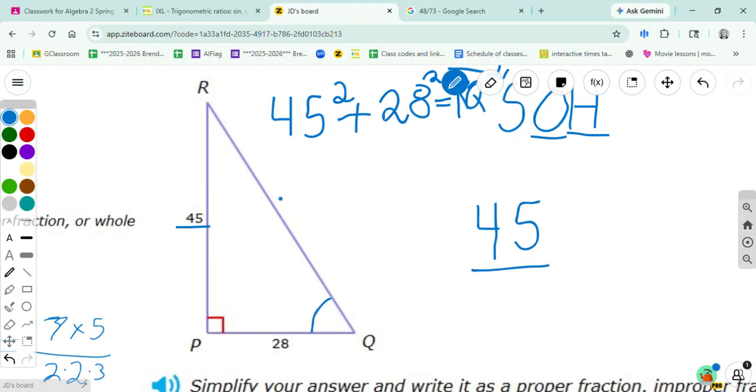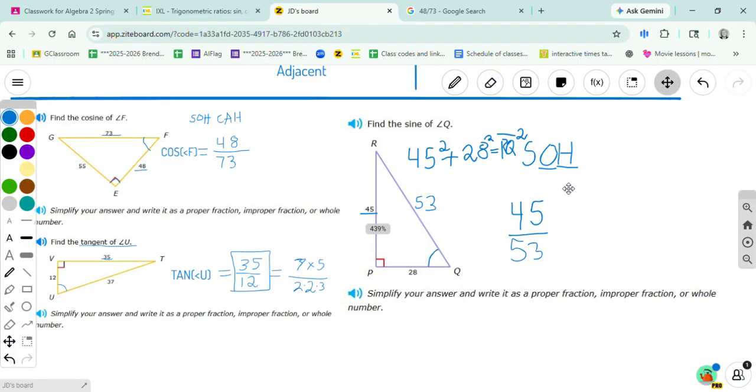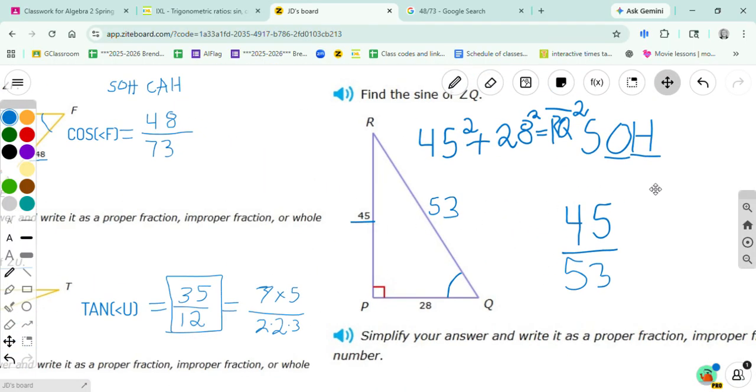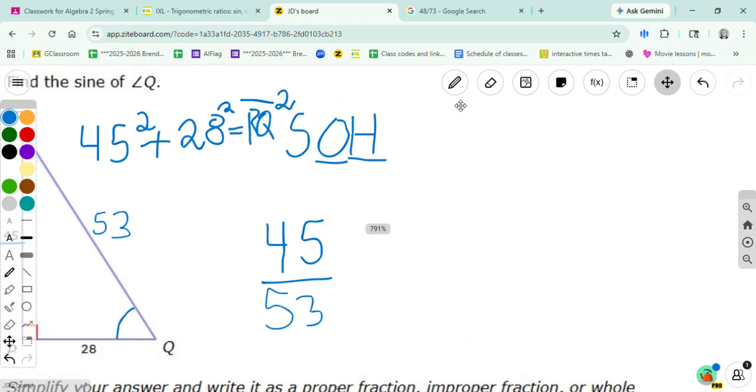So by using the Pythagorean theorem, I know that this side has to be 53. So I get 45 over 53, because it's the opposite over the hypotenuse, that is my sine of angle Q.